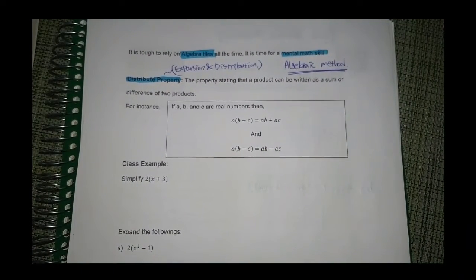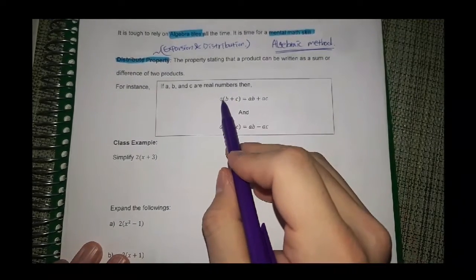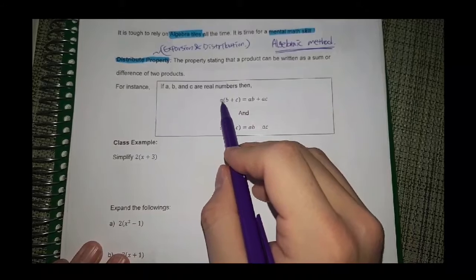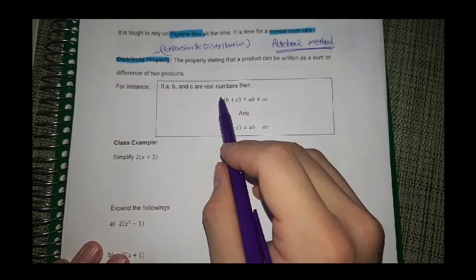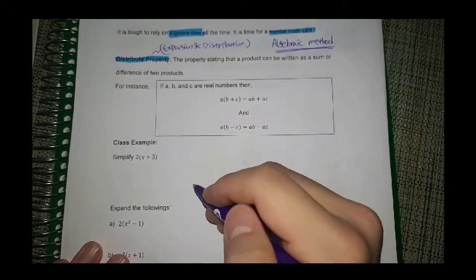Let's look at the generic rule, ladies and gentlemen. Imagine you have monomial A. It can be 5x, 6y, or 5x squared, those kinds of things. But today we're going to look at constants.